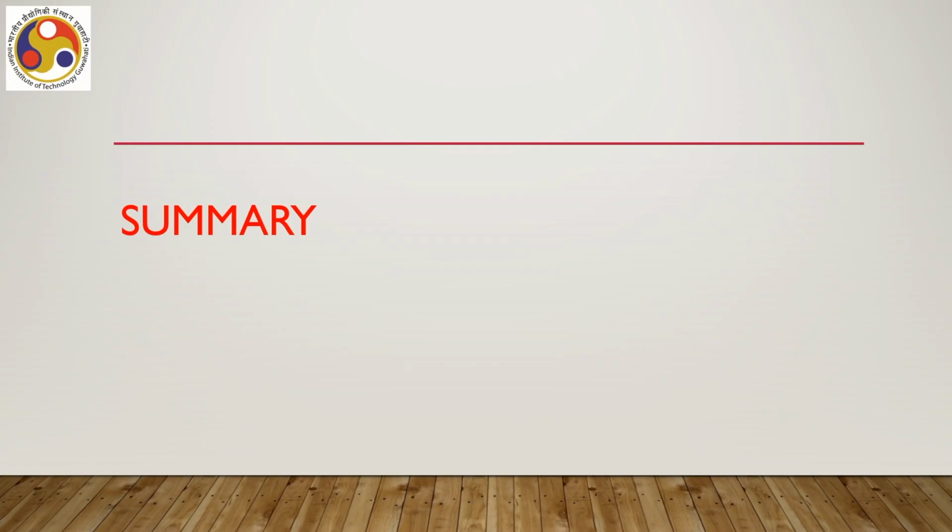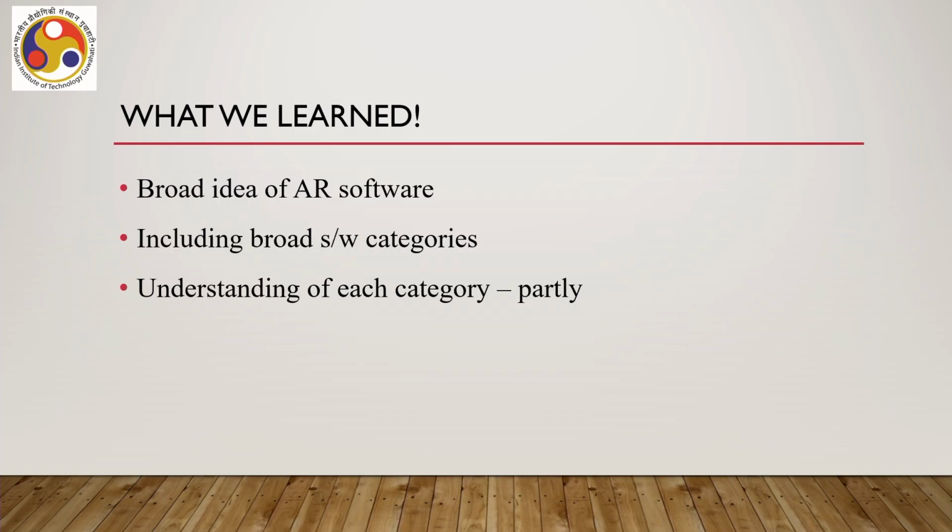Just to summarize whatever we have covered up to this point, we have got the broader idea of AR software, particularly in terms of a structured representation using categories. We have seen different ways to categorize them: skill requirement based categorization, platform based categorization, or technology based categorization.